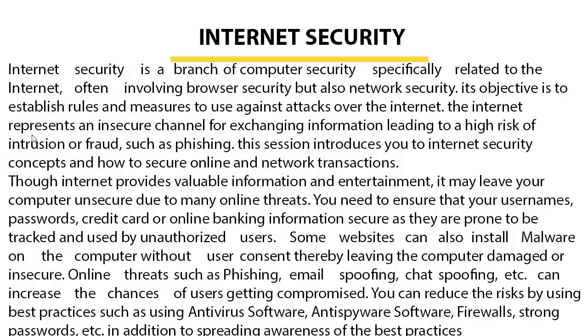The internet represents an insecure channel for exchanging information, leading to a high risk of intrusion or fraud, such as phishing. This session introduces you to internet security concepts and how to secure online and network transactions. Basically, this part of the chapter is based on security, and how you can secure your network.